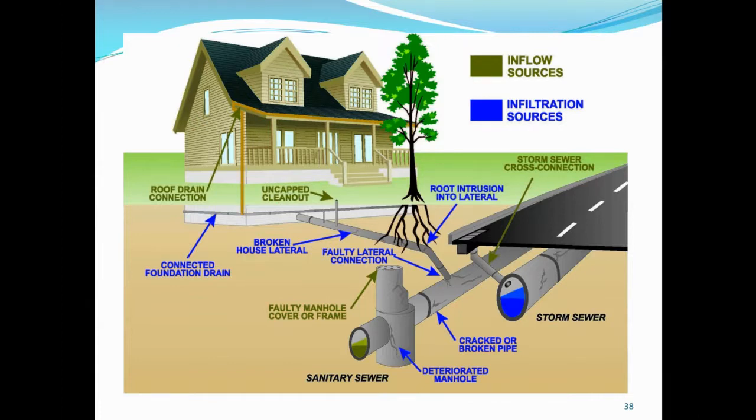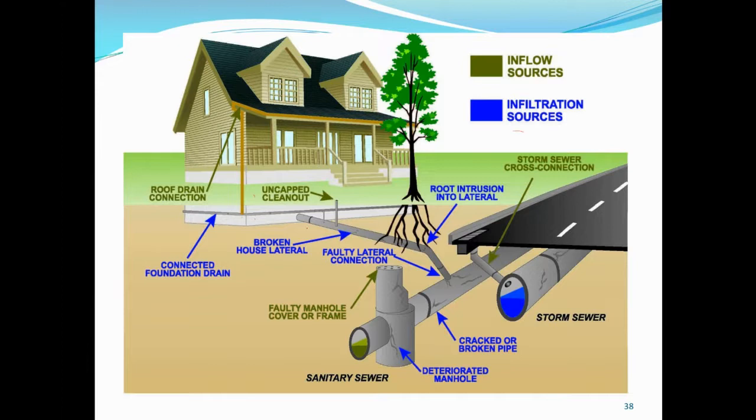So the storm wastewater will be collected, and then you also have wastewater from the toilets, which is the sanitary wastewater. So these are inflow sources and these are infiltration sources.